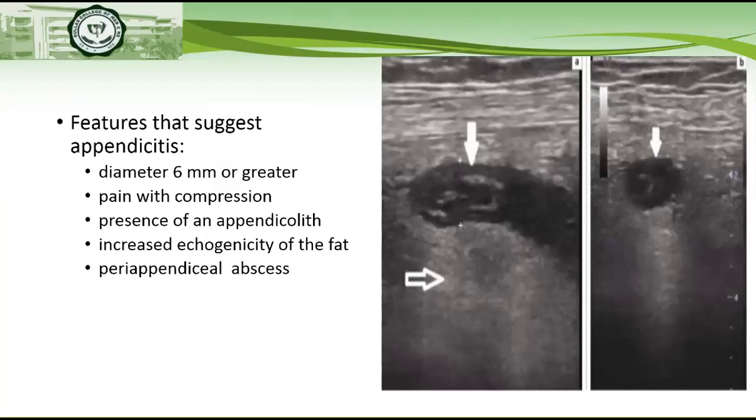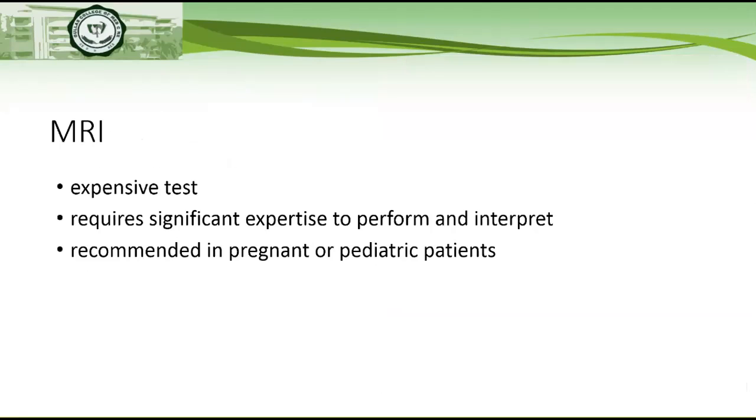Features that suggest appendicitis are a diameter of 6 mm or greater, pain with compression, presence of an appendicolith, increased echogenicity of the fat, and periappendiceal abscess.